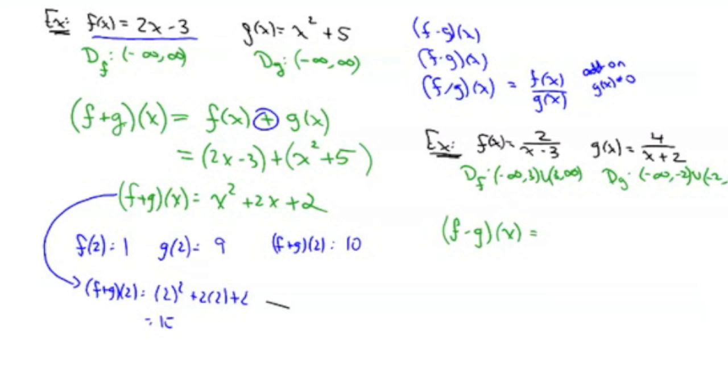Now, if I'm trying to find f minus g of x, the first thing I write to the right of this is f of x minus g of x. I took f plus g of x on this side, and I changed it to this on the other side.